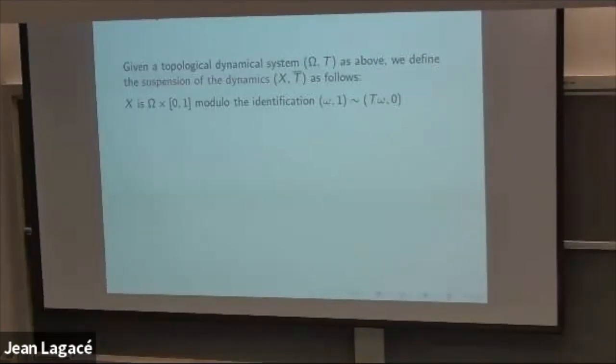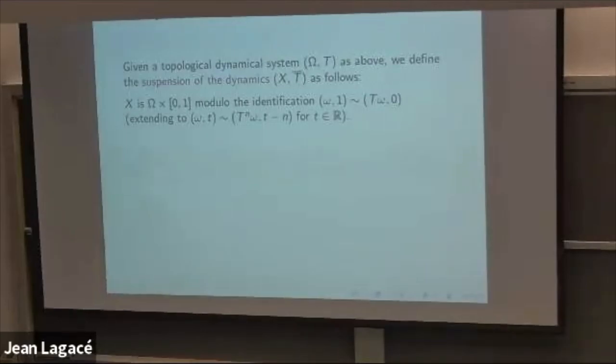It's really like a torus construction, but it's not that you just identify, you actually twist according to t, right? So this point, omega comma 1, is immediately sent here to t omega comma 0. So that's what I mean here. You take this product and then you identify these two points. So that produces something like a torus.